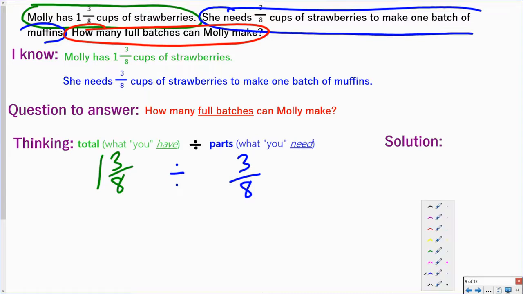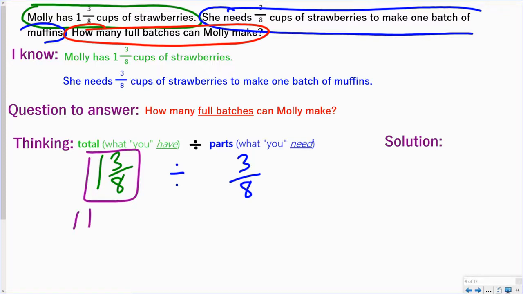In doing that, we're going to need to change this to an improper fraction. Again, I take 8 times 1, which is 8, and I add 3 to it, which gives me 11/8. I'm going to divide that by 3/8.